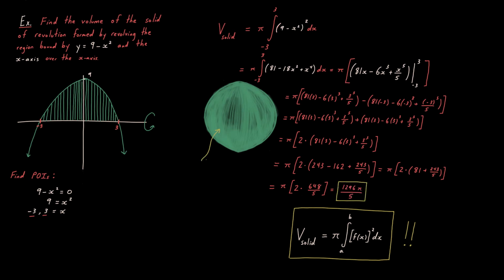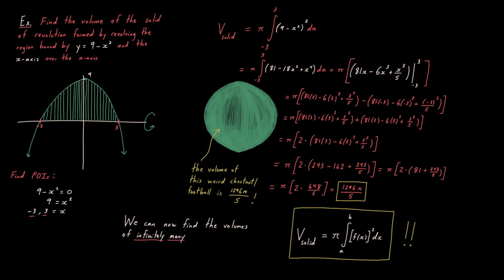That is the volume. We just found the volume of this bizarre, creepy looking shape. The volume of this chestnut football is 1296 pi over 5. That's the number of unit cubes we can jam into that figure without overlap. So again, I can't emphasize enough, using this idea in particular, we can find the volume of infinitely many weird shapes.